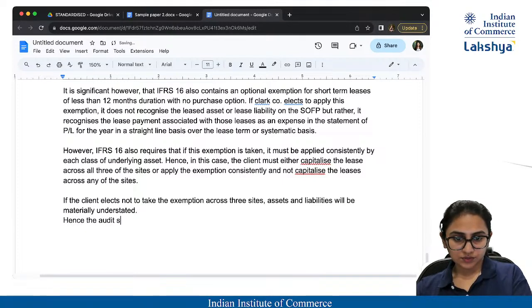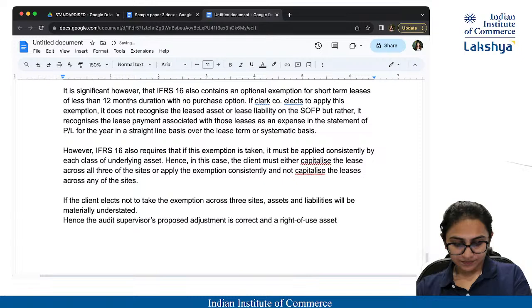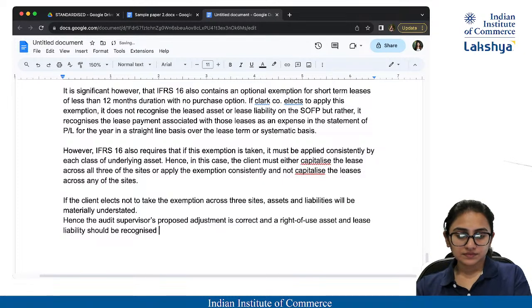Hence, the audit supervisor's proposed adjustment is correct and the right of use asset and lease liability should be recognized in the statement of financial position.